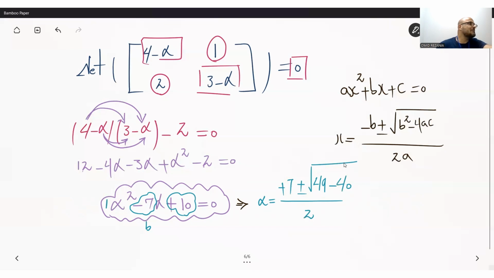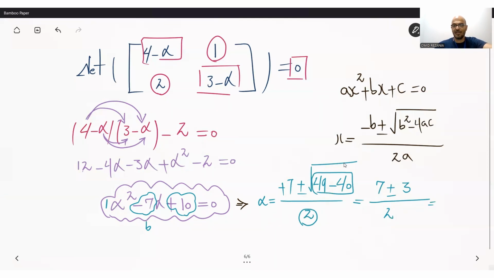Now, let's make it a little bit nicer. Some housekeeping there. I have 7 here, plus or minus. First, inside the square root, 49 minus 40, how much do you get? 9. Square root of 9, 3. Then I have 2 as it is.